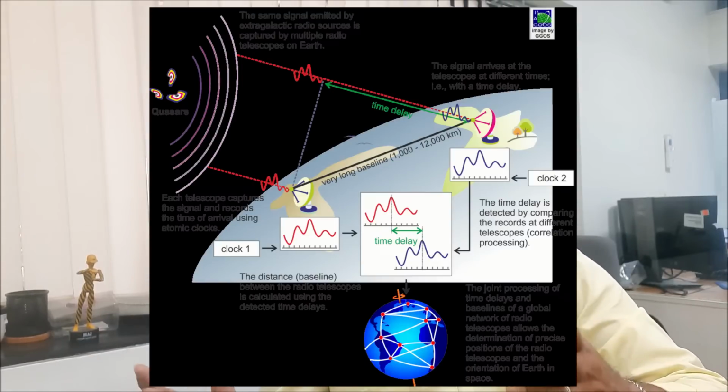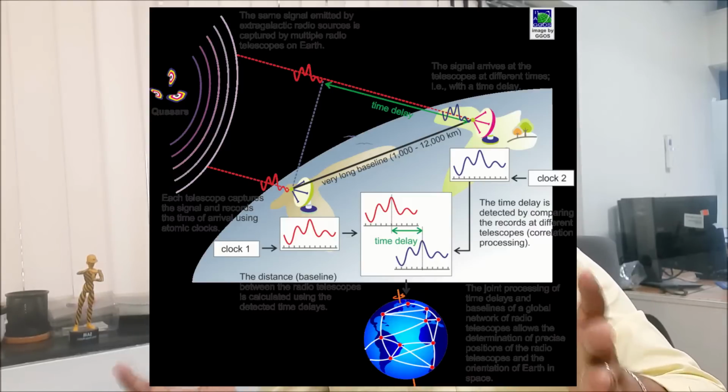We have 4 main techniques that contribute to defining ITRF on a global scale. Number 1 is GNSS. Yes, GNSS satellites and their positioning system play a major part in defining the ITRF. Then there is very long baseline interferometry.